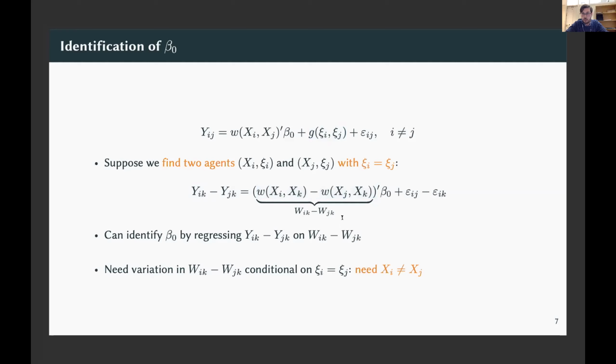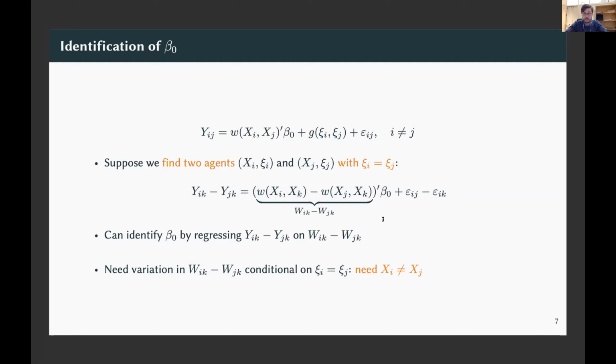Of course, an important remark: these pairs of agents you match should not only be identical in terms of the unobservables, they must necessarily be different in terms of the observed characteristics x's, because otherwise that part would also be gone from this equation once you take the difference, and you wouldn't be able to identify beta naught whatsoever.